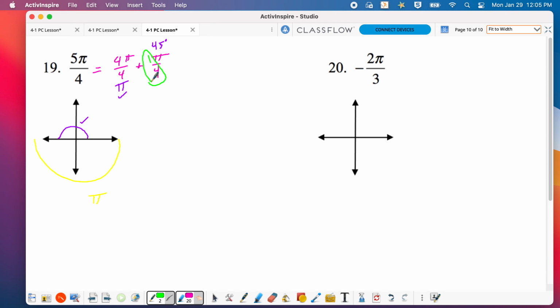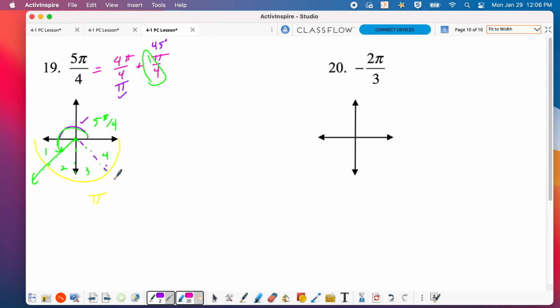So if the whole thing's pi, I can cut that pi into 4 equal places. If it's 4 equals and I want to go 1/4, it tells me I want to stop at this first line, making this 5 pi over 4. If I wanted to go an additional 3/4 pi, I would have to rotate over here to the third line. But pi over 4 we know is a 45-degree angle. And this idea of cutting up is going to help us on this last one.